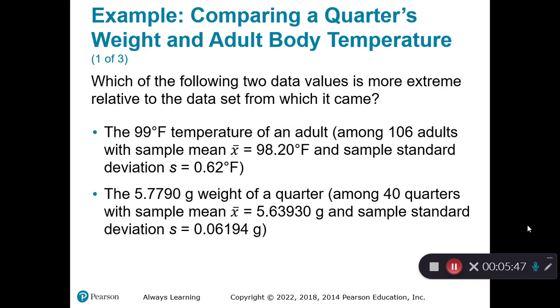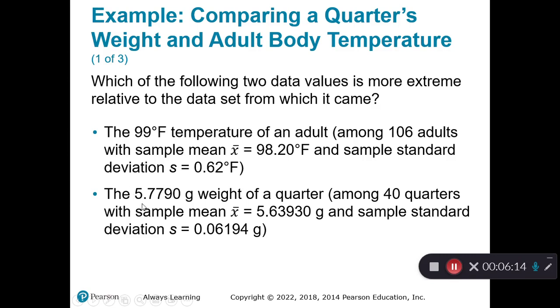We'll also look at a separate scenario where the mean of the weight of coins, in this case quarters, the mean weight is 5.63930 grams. The standard deviation is 0.06194 grams. And we have a quarter that weighs 5.7790 grams.